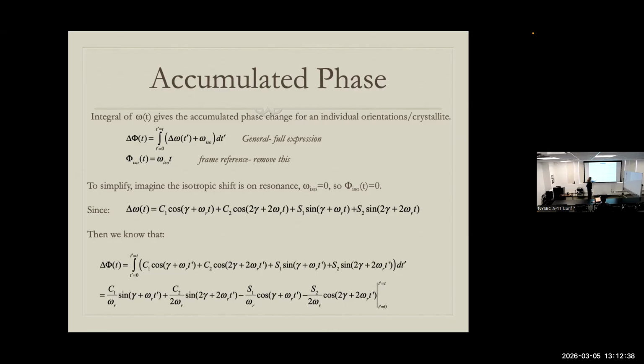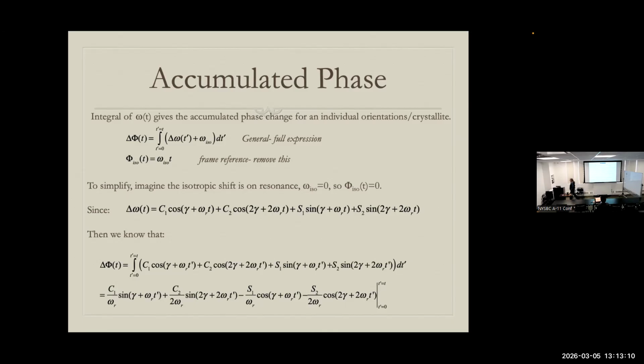Okay, and then I have the omega r t type term, and I have the 2 omega r t type term. We're looking at sinusoids here for the simple reason that we integrated cosine. And if we retain the terms that relate to eta, the anisotropy, then we will end up with 2 cosine. That's a definite integral. I have to evaluate it at t prime equals 0 and t prime equals t.